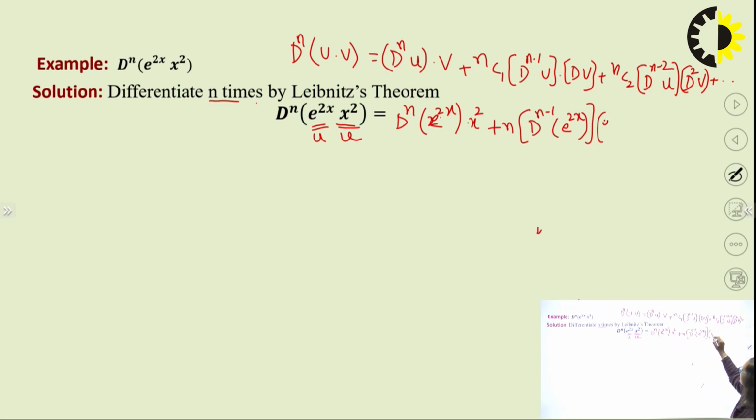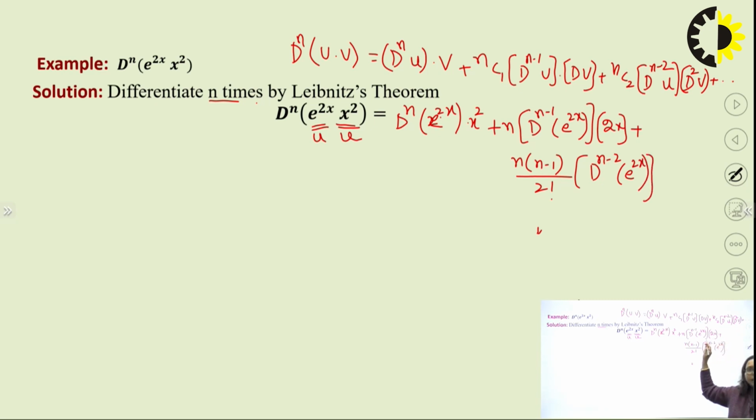First derivative of x square, we know, is 2x, plus nC2. nC2 is n into n minus 1 by factorial 2 into the n minus 2th derivative of e to the power 2x into the second derivative of v, and the second derivative of x square is nothing but 2.